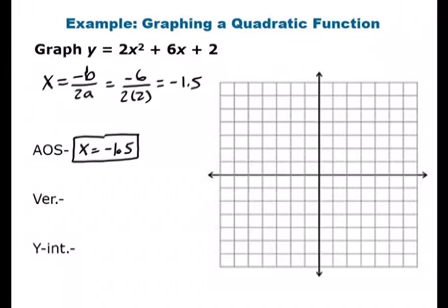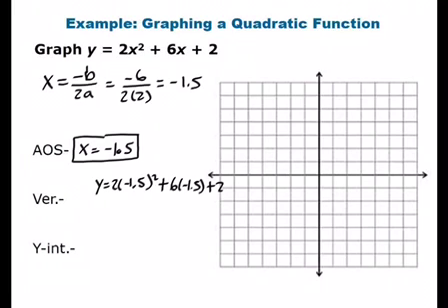We're then going to use that value to find our y value of our vertex. So we've got y equals 2 times negative 1.5 squared plus 6 times negative 1.5 plus 2.